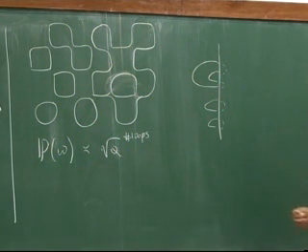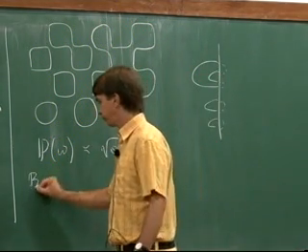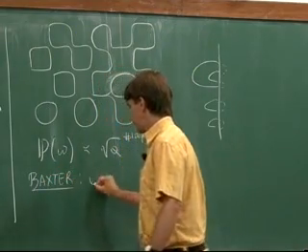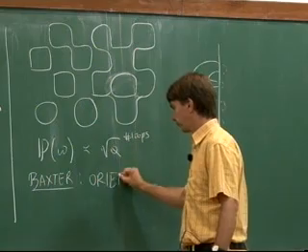And Baxter came up with a trick which recasts it as a local function. And this trick is, again, sort of a covering. You add some additional information to this model. So the Baxter trick is to orient loops.